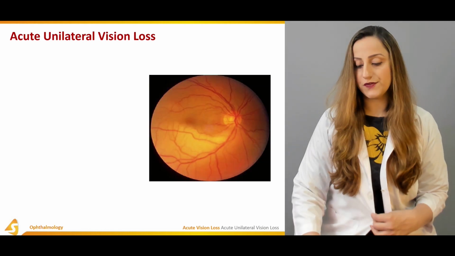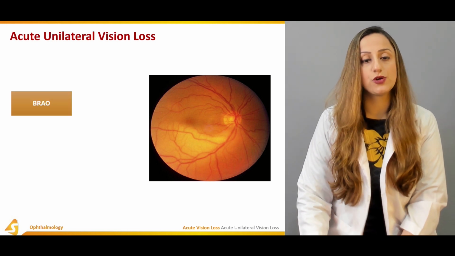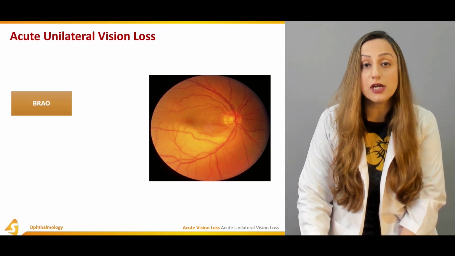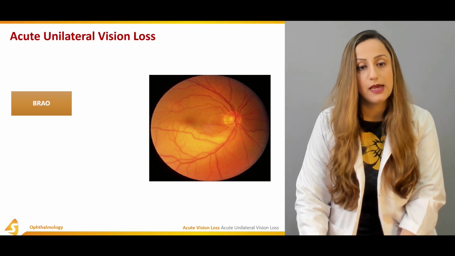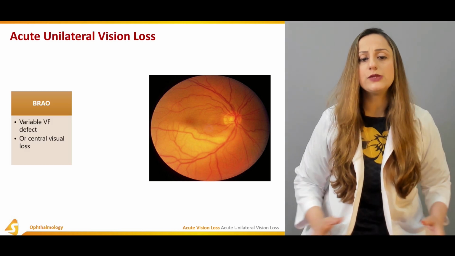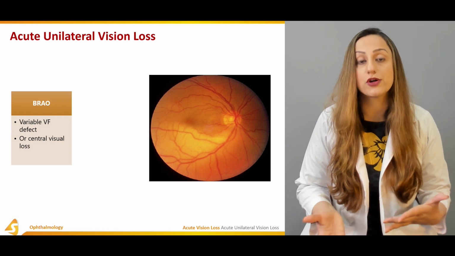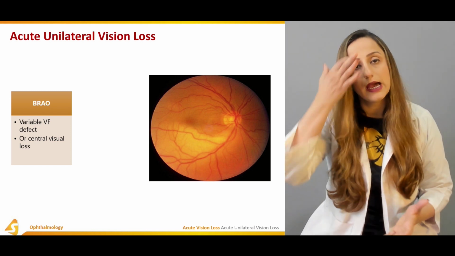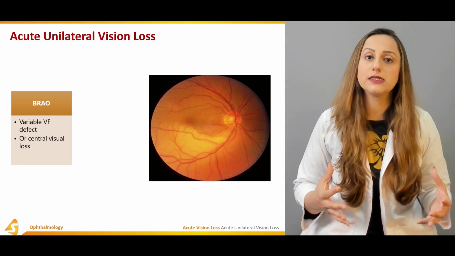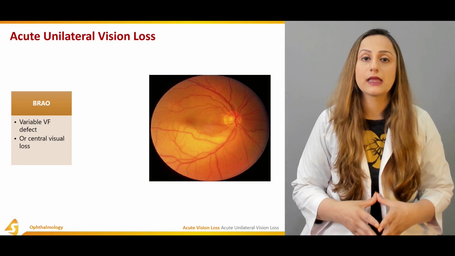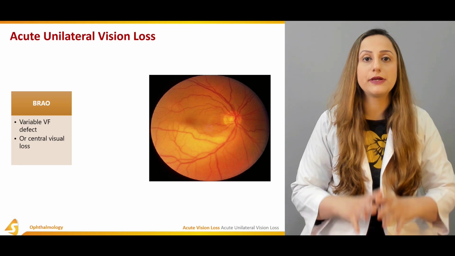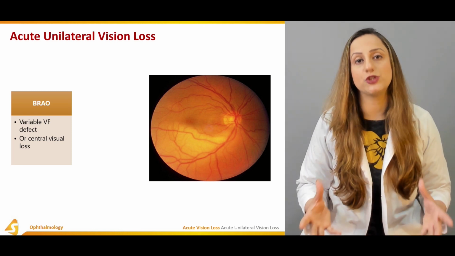So the causes of acute unilateral vision loss can include branch retinal artery occlusion, and usually variable visual field defects are noted in this branch retinal artery occlusion. The visual fields are defected in this, and usually in most of the patients, the peripheral visual field is affected.